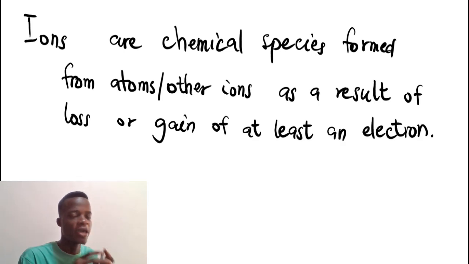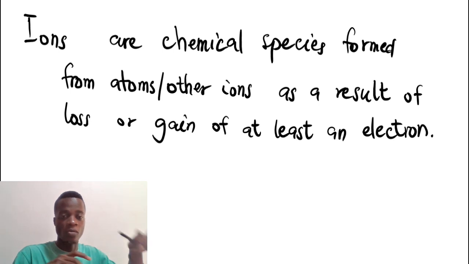Ions are chemical species formed from atoms or other ions as a result of loss or gain of at least an electron. So the loss or gain of electrons from the atoms results in the formation of an ion. That's how ions are formed.